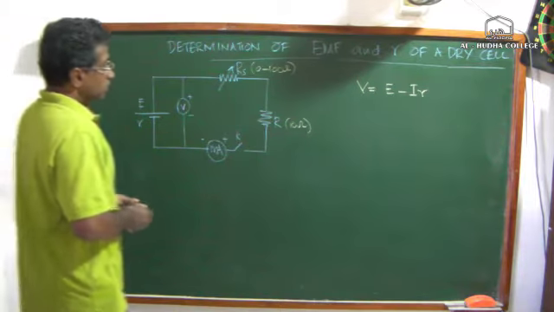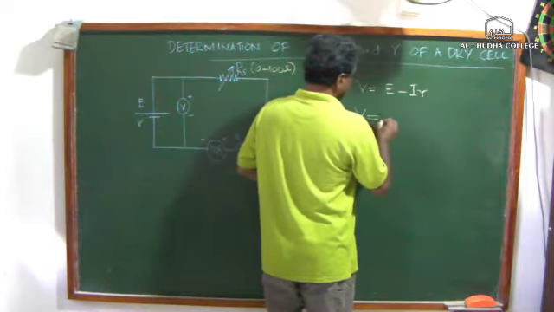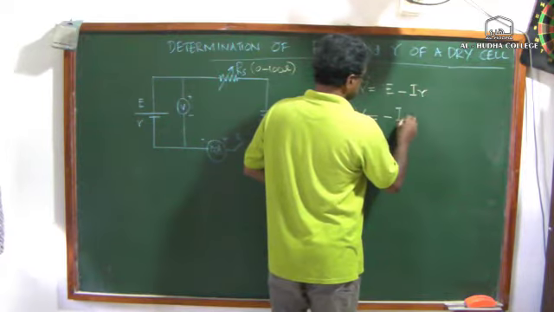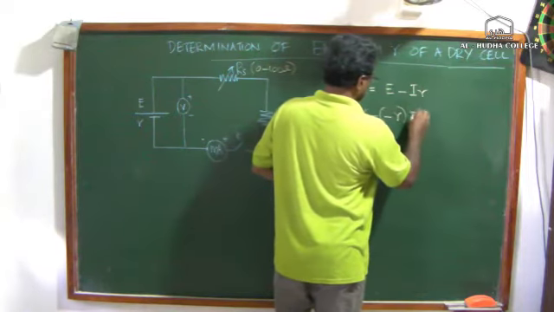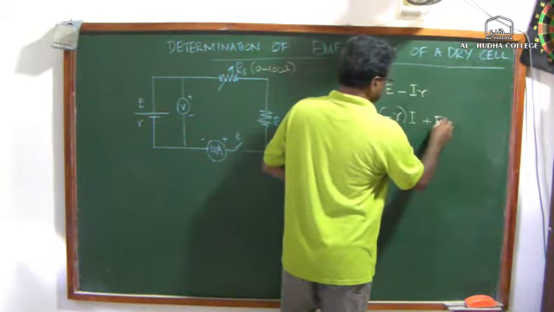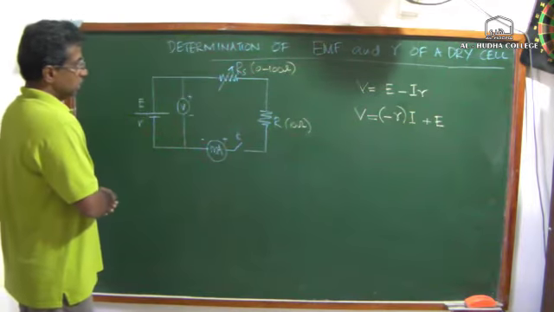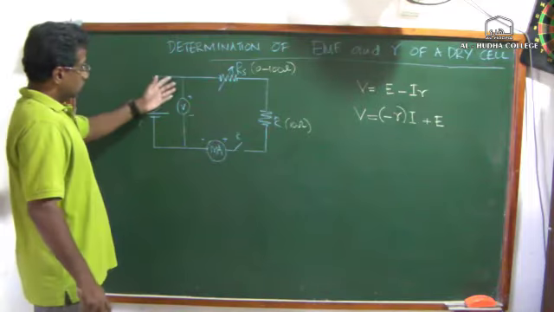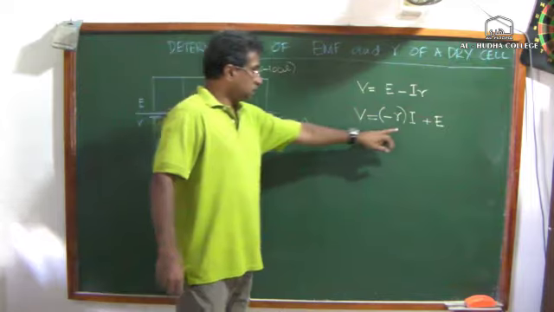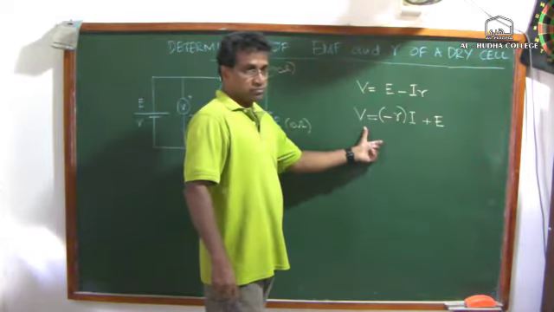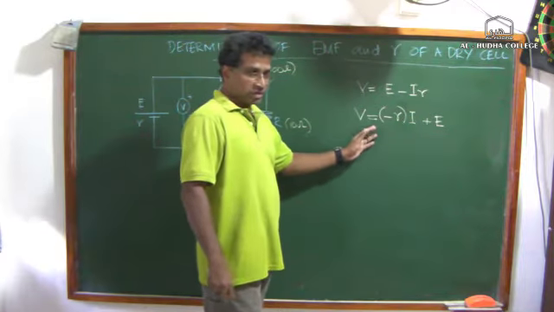Now if you rearrange it, V equals minus R into I plus E. What we are going to do basically, in order to find the internal resistance, is change the current and measure the voltage.